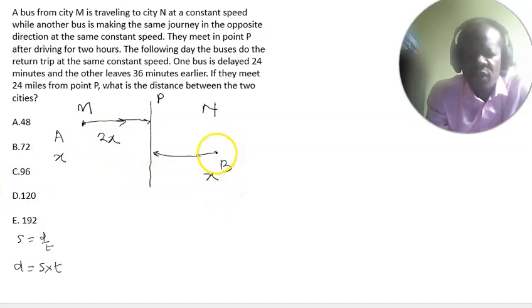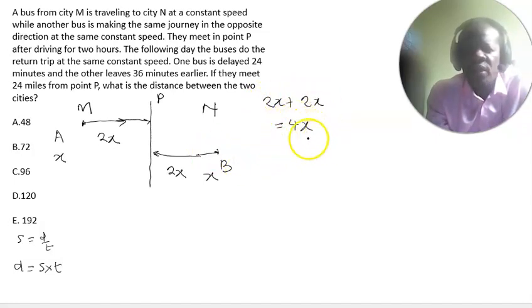Now the distance covered by bus B from N to P, where the two buses met, would also be 2x. So now the distance between the two cities will be 2x plus 2x. So that will give us 4x. Now all we need to do is find the value of x, and we have our answer.